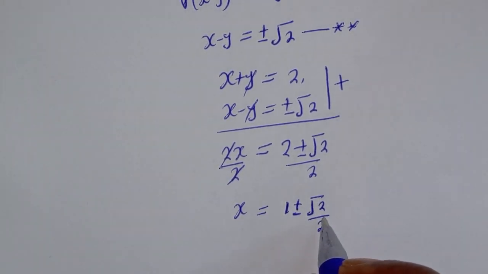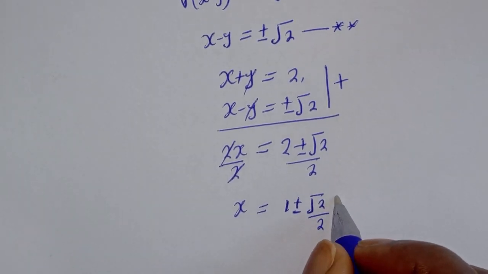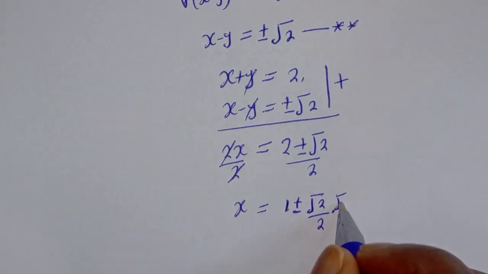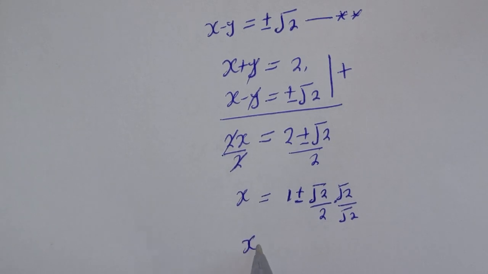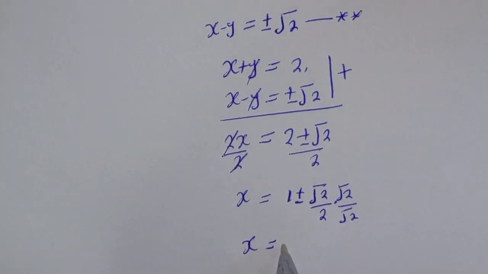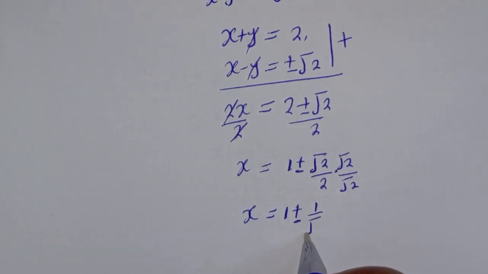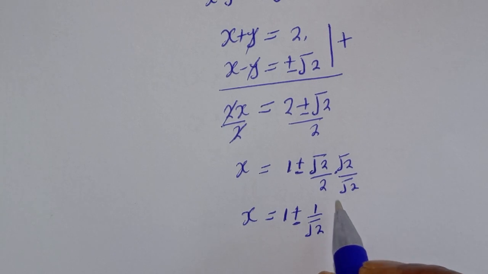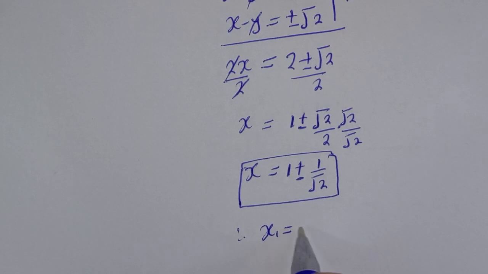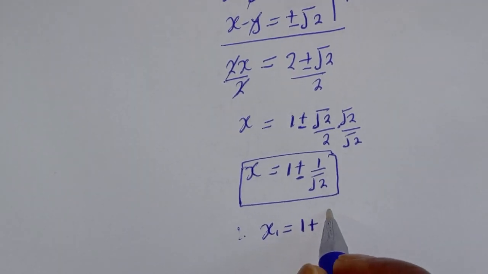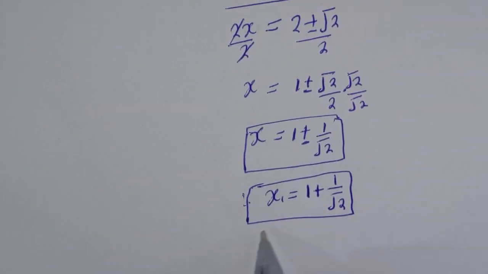Then let's multiply everything here by root 2. x will be equal to 1 plus or minus 1 over root 2. This is the value of x. Therefore, x1 is equal to 1 plus 1 over root 2. Let's solve for y1.